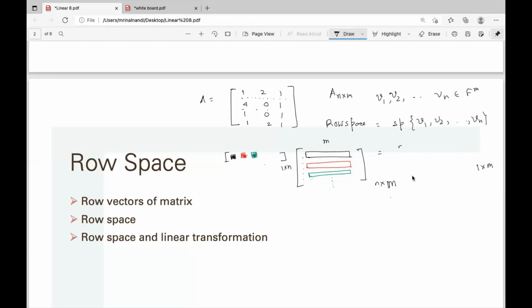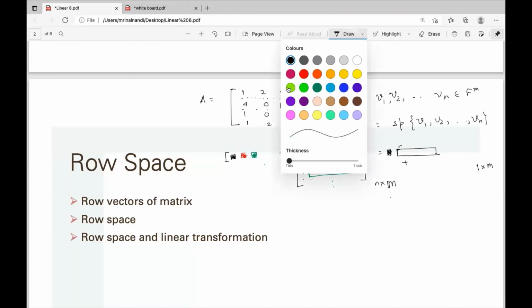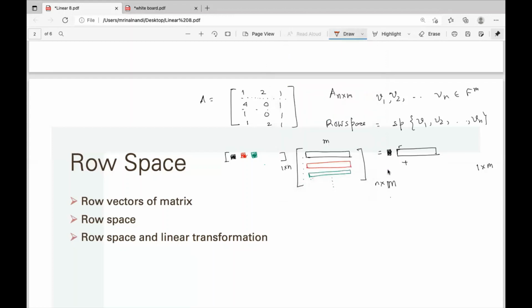What is this row vector? It is the first scalar multiplied with the first row vector, plus the second scalar multiplied by the second row vector, because the second element always multiplies with the second row.